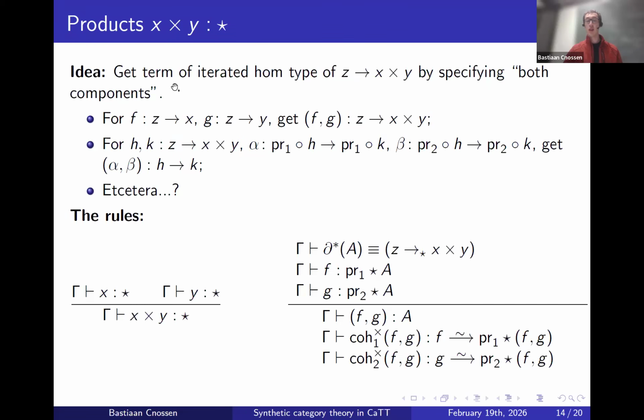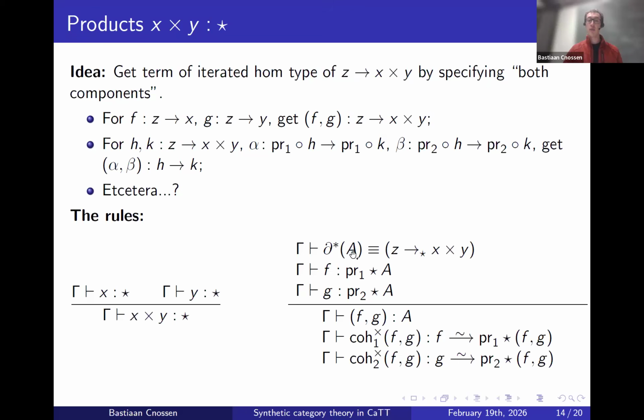So if you take A to be equal to maps from Z into X times Y, then this whiskering procedure is somewhat trivial in nature. This first projection star A will just become the type of maps from Z to X. The second one will just become the type of maps from Z to Y. And then we see that it's precisely this first bullet point. And similarly in the second case.